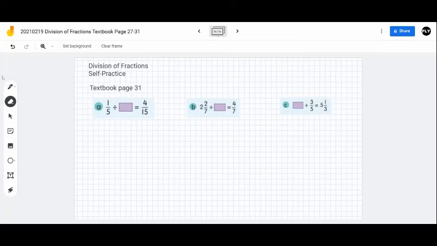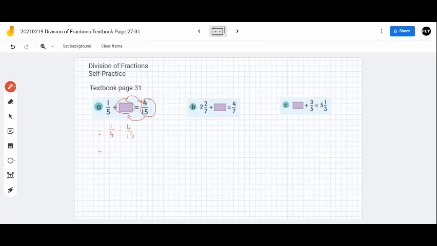Okay, question A. 1 over 5 divided by an unknown equals 4 over 15. This type of question, just switch their places. Unknown and 4 over 15, just switch their places. Rewrite it. 1 over 5 divided by 4 over 15 equals the unknown.